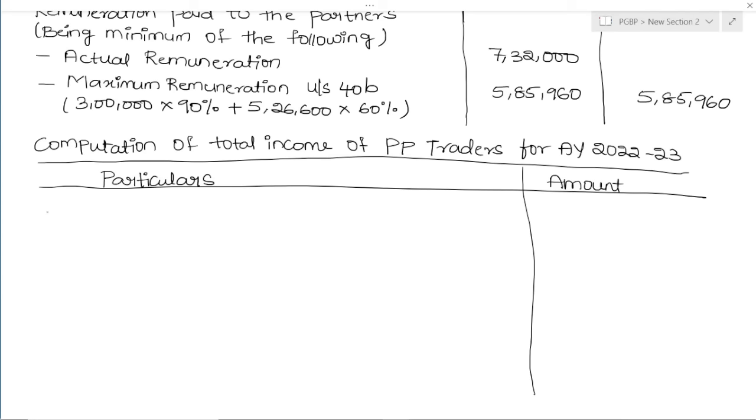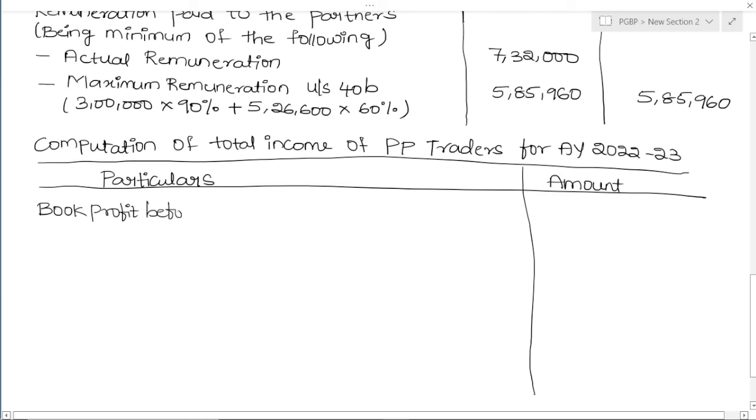So that's why we are taking book profit before unabsorbed depreciation. Let's write down: book profit before adjusting unabsorbed depreciation.